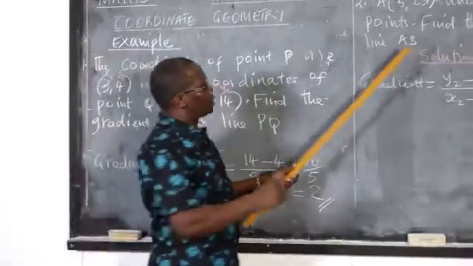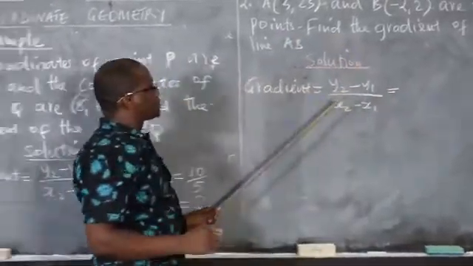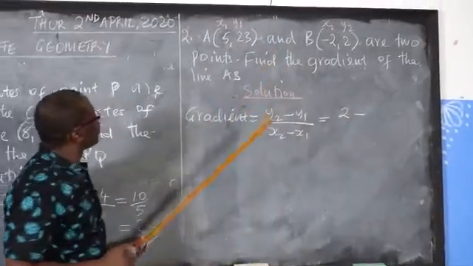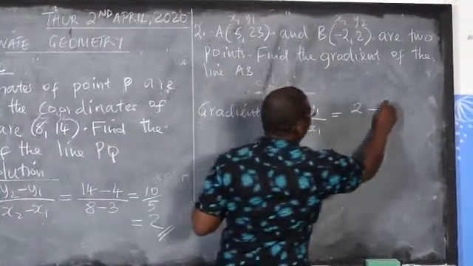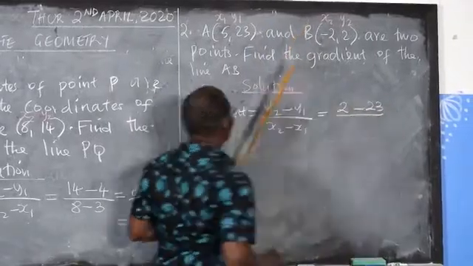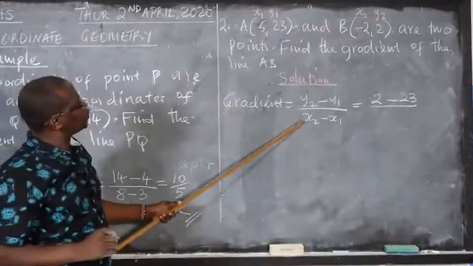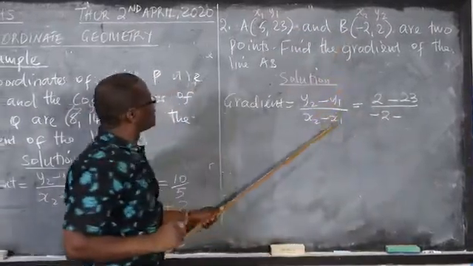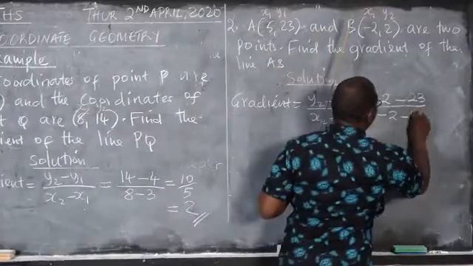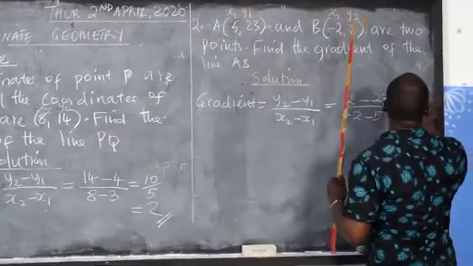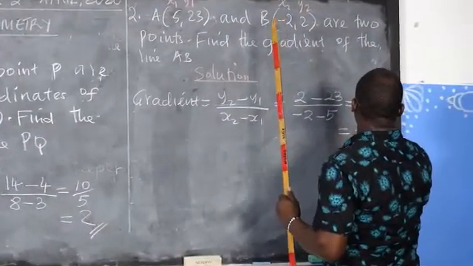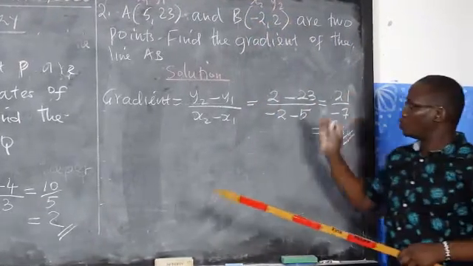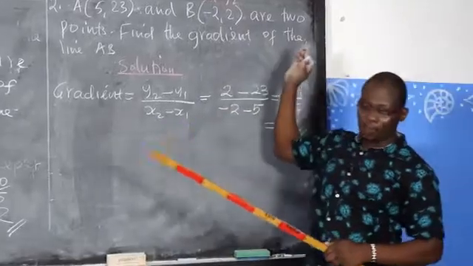Just check. y subscript 2 is given as 2 minus y subscript 1 is 23 over x subscript 2 is negative 2 minus x subscript 1 is 5. So this will give you 21 over negative 7. That gives you negative 3 as the gradient. It is very straightforward. So remember the formula and the labeling.